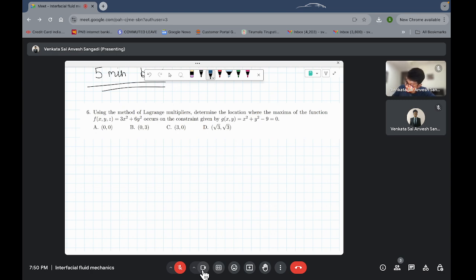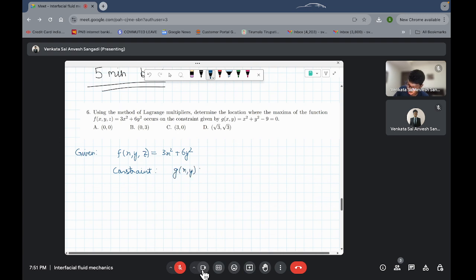So given f of x, y, z is equal to 3x square plus 6y square, and constraint g of x, y is equal to x square plus y square minus 9.